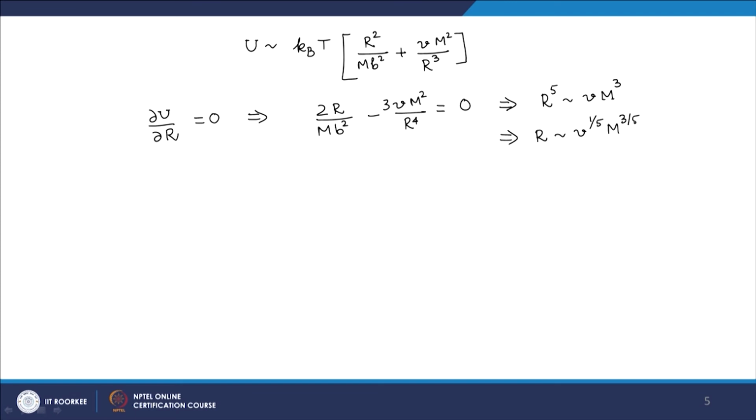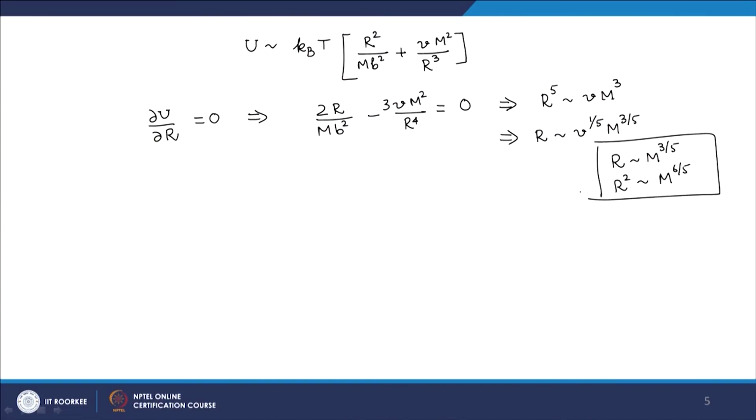Okay. So, this is the scaling we have been after, or we can say r squared goes like m to the power 6 by 5. If I compare that to the ideal chain, it was r squared going like m. In this case, we get a higher power, meaning that the chain will be more stretched compared to the ideal chain. Okay. So, this is what we have got for the good solvent case.